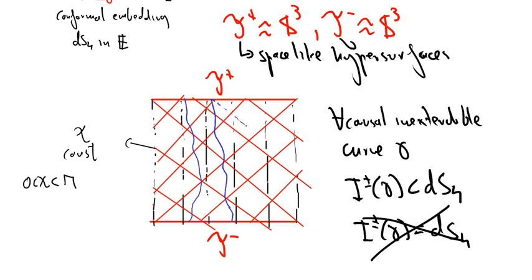You just have to remember the definition of chronological past and look at the curves representing the null rays, and you realize that this shaded region represents its chronological past, and I can also draw its chronological future.